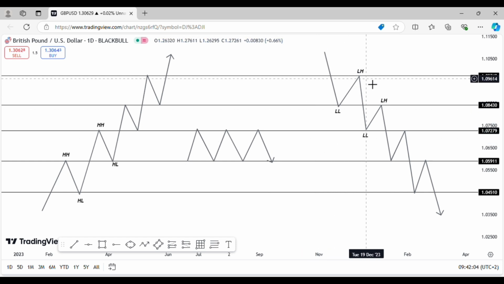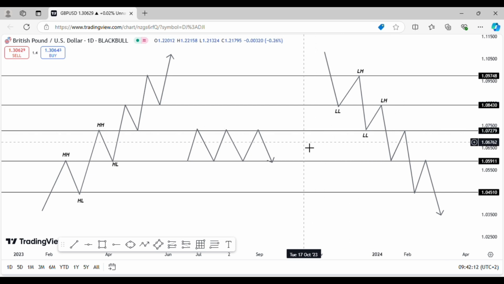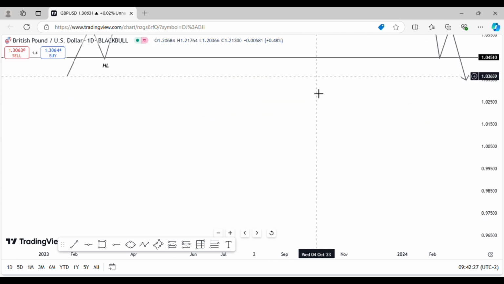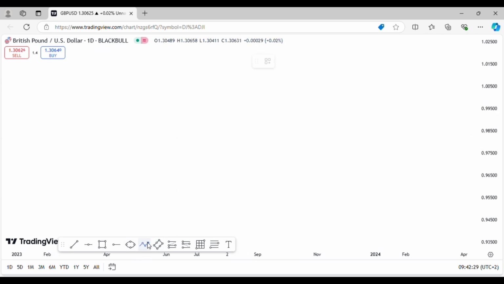We also have a downward trend, which consists of lower highs, lower lows. This is very important for any trader, beginner or otherwise, to know. It is very important for you to identify a market structure, guys.